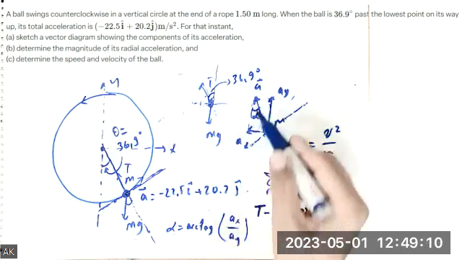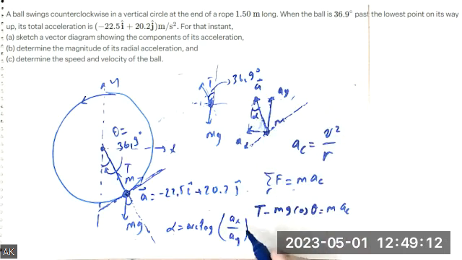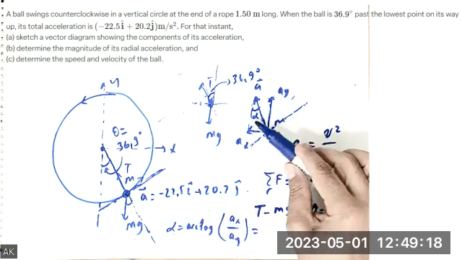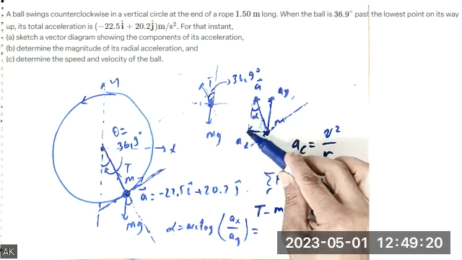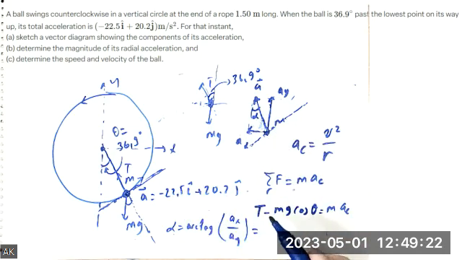So we can find this angle alpha through these numbers. AX, I'm going to take the positive part, as I take this length as positive. Alpha is arctangent of 22.5 divided by AY, which is 20.2. This will give you the angle alpha.